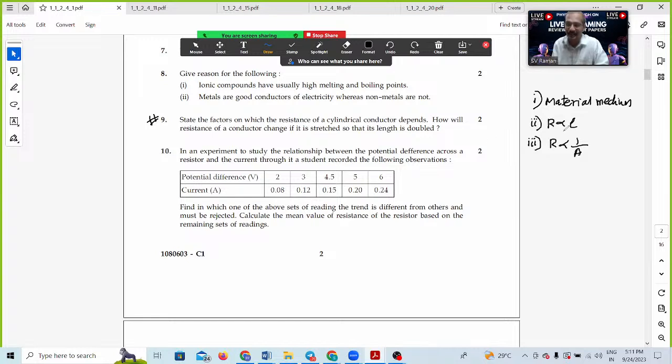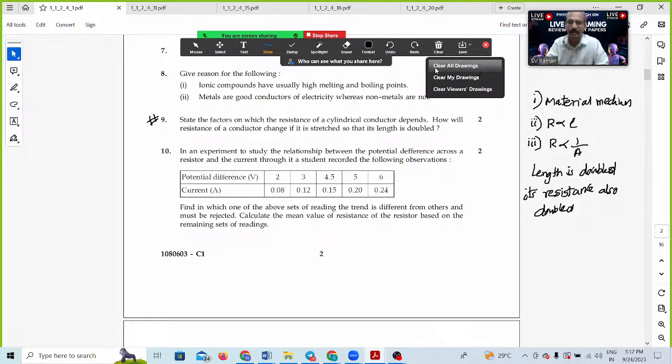Once the length is doubled, its resistance is also doubled. Why? Because R is directly proportional to L, and in the same sense the resistance will also be 2R.